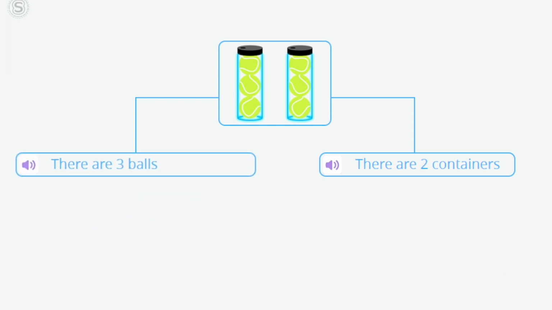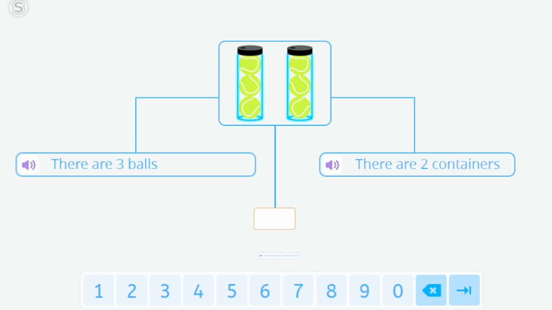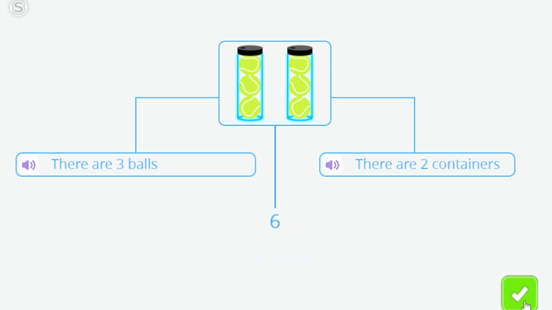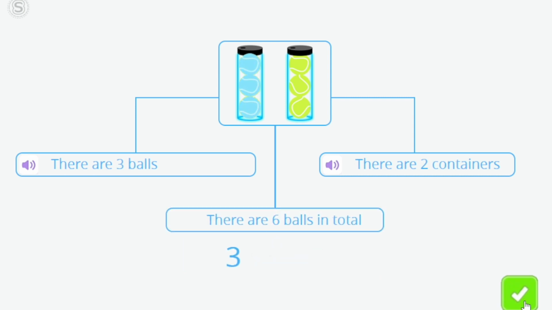There are 3 balls in each container. How many balls are there in total? There are 3 plus 3 balls, which is 6 balls in total.